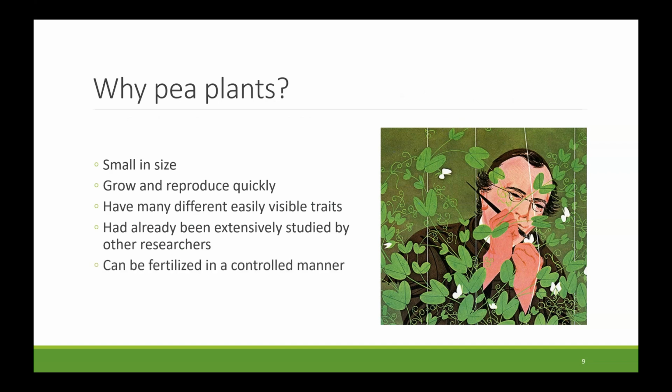And lastly, pea plants can be fertilized in a controlled manner. And that's what you see happening in this illustration right here. This drawing is showing Mendel manually pollinating a pea flower. So what he's doing here is the same thing that pollinator insects like bees would do in the wild. So he has this little paintbrush-like tool, and he has picked up pollen from one of the flowers, and he's transferring it to the flower of another plant.